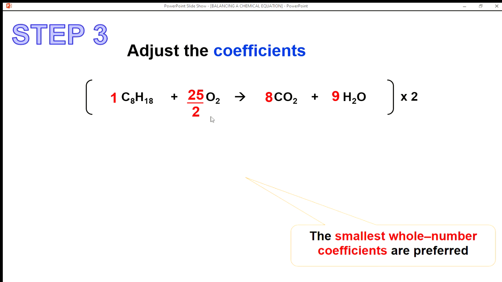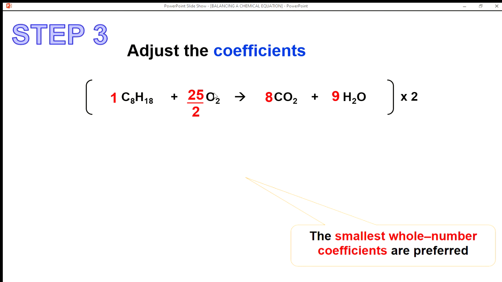Normally in any balanced chemical equation, we always prefer the smallest whole number coefficient. If we look at this equation, all of the components in this equation are not in whole number, especially for oxygen.